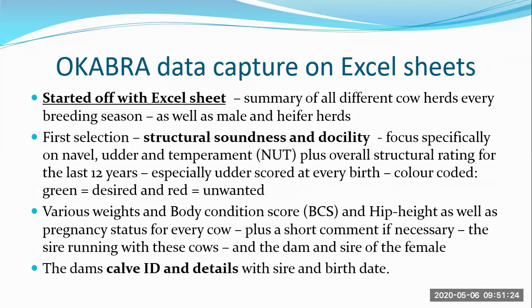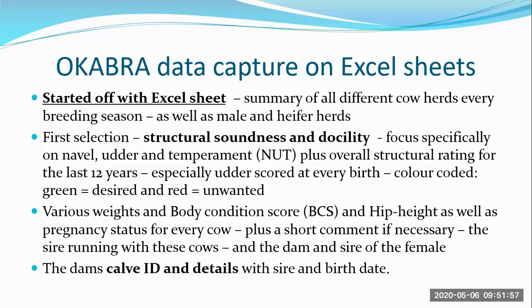Dr. Mike Fair has made one very important conclusion there, and that is that the sheath or navel of the dams has an 80% influence on the sheath size of the male progeny. So this is one issue which we are tackling at the moment. So basically, for us, structural soundness is these 3, plus the overall structural rating which we do.